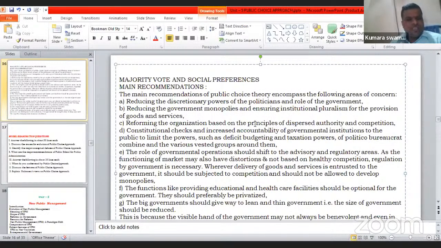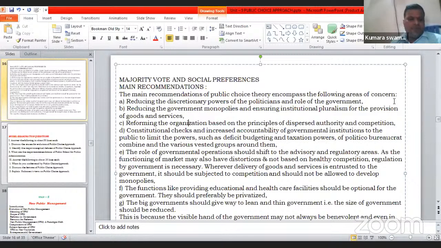First, this public choice theory is reducing the discretionary power of the politicians and the government. So they want to minimize the bureaucrats' role and government role and reduce the government monopoly, meaning the government working in every aspect. So they want multi-type governments and multi-dimensional governments, or institutional pluralism. And another recommendation of this one, reforming the organization-based principle type of authority.